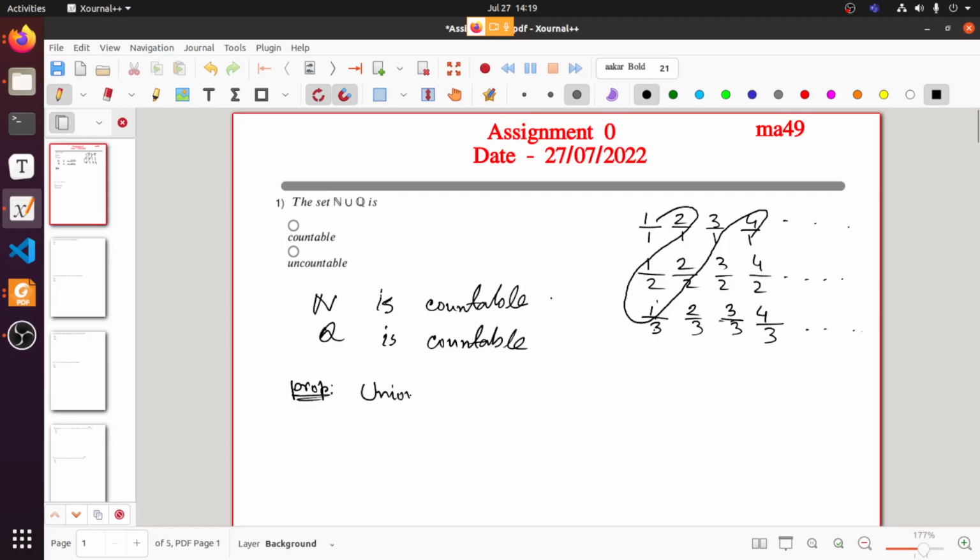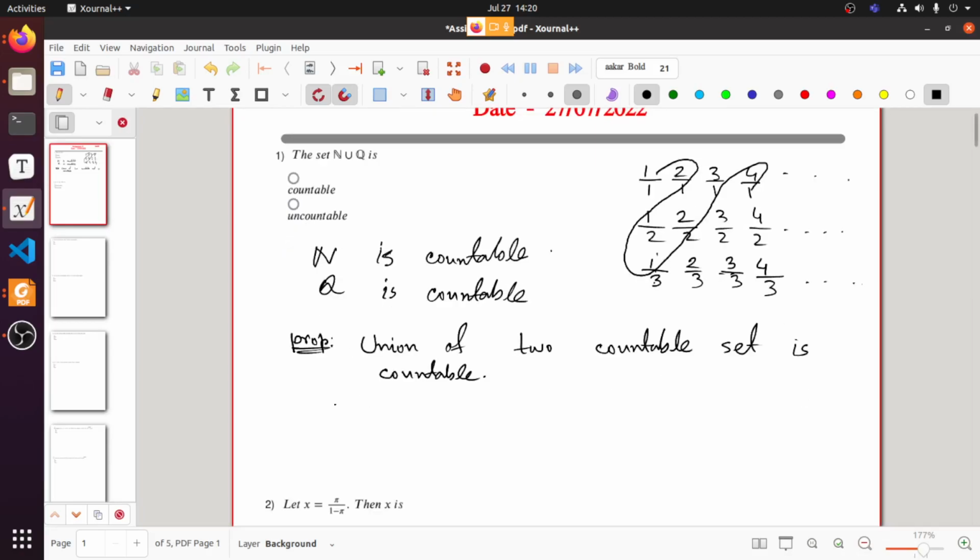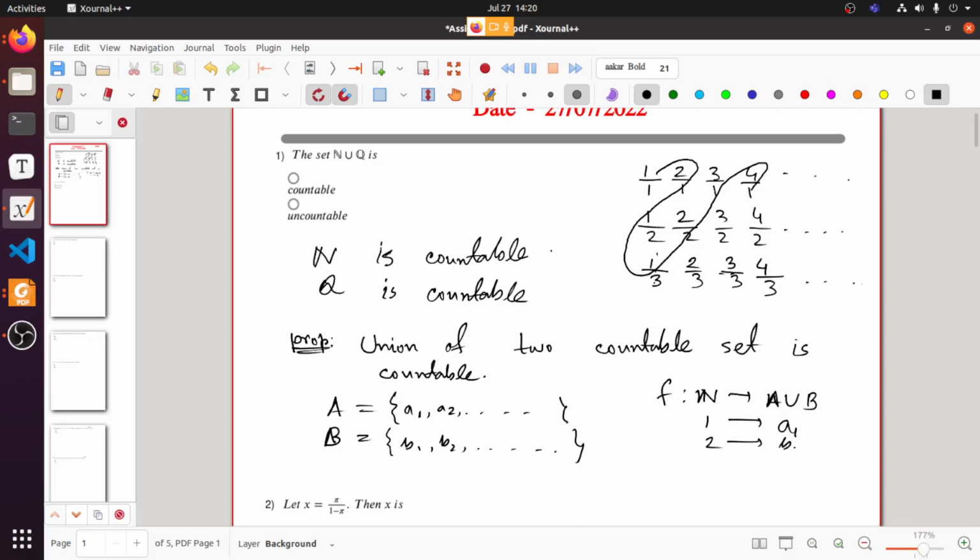How do you prove it? Suppose A is countable, then you can write it as a1, a2, and so on. Suppose B is also countable, then you can write b1, b2, and so on. Now define a function f from N to A union B. 1 goes to a1, 2 goes to b1, 3 goes to a2, 4 goes to b2, and so on.